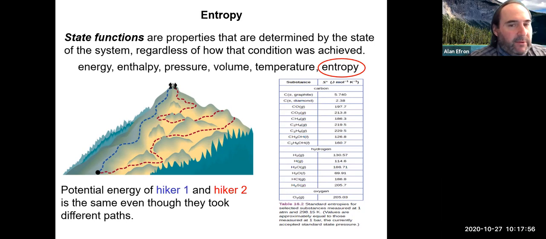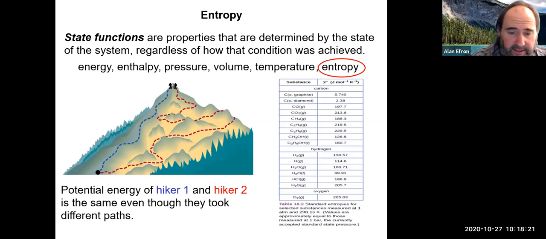It doesn't matter how you got there, what path you took. The only thing that matters is the position at which you started and the position at which you ended. So energy is a state function. Enthalpy, which is delta H, is a state function. Pressure, volume, temperature, and entropy as well are state functions.